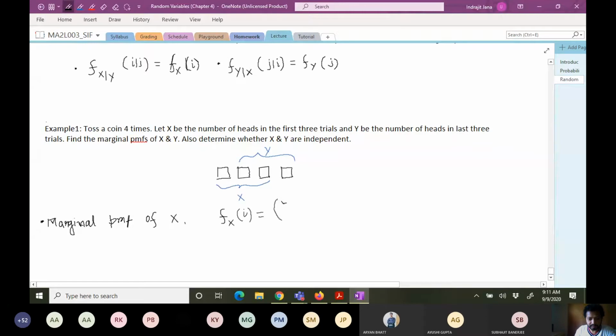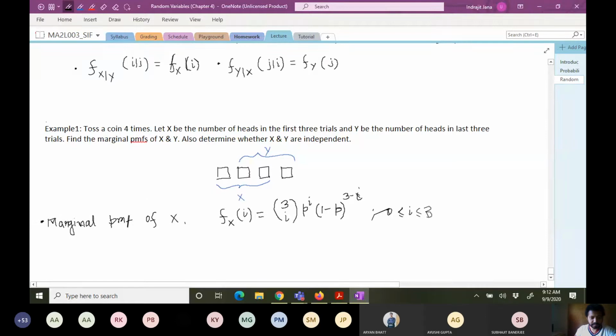We know very well that out of 3 trials, the probability of getting i heads is 3 choose i, p to the power i, times 1 minus p to the power 3 minus i, for i between 0 and 3.